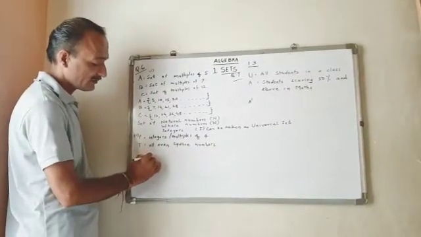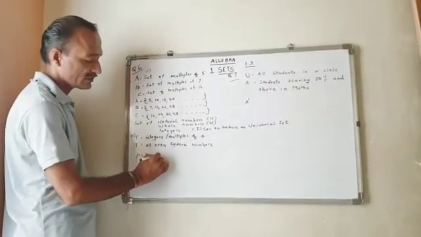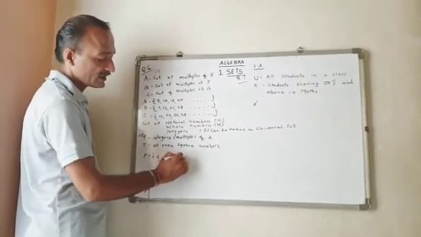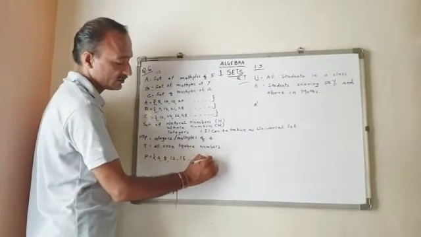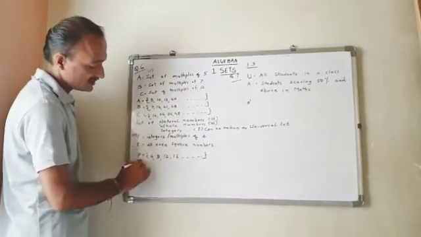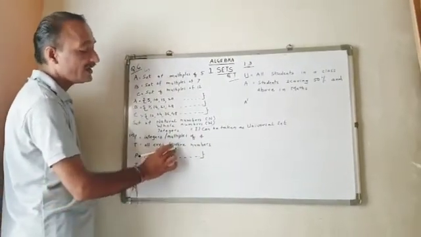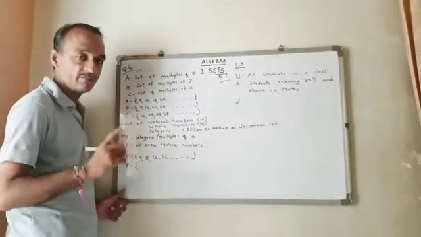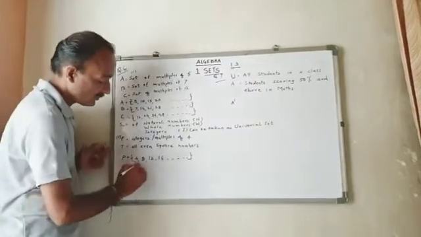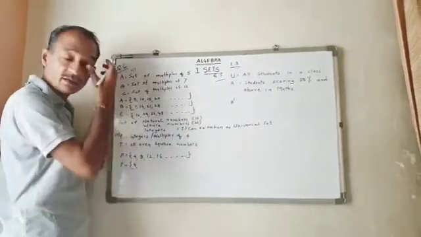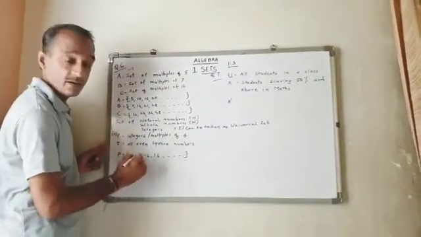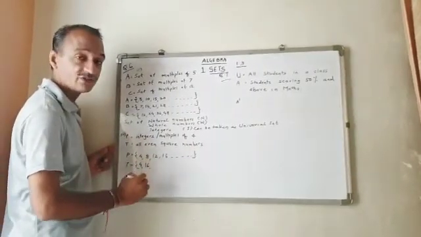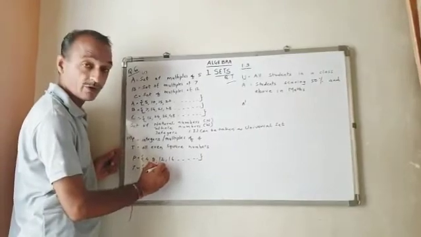Now what are the multiples of 4? 4 ones are 4, 4 twos are 8, 4 threes are 12, 4 fours are 16, and so on. T is a set of all even square numbers. 1 square is 1, but odd. 2 squared is 4, 3 squared is 9, odd number. 4 squared is 16, 5 squared is 25, but odd number.